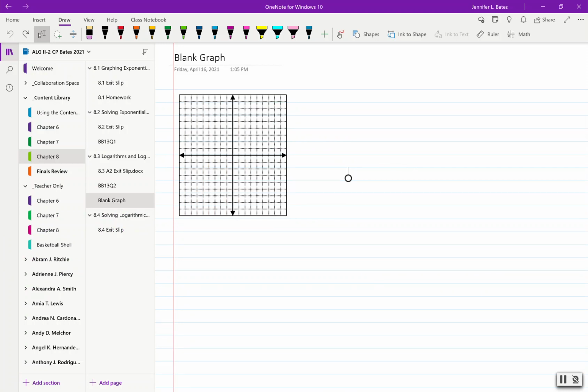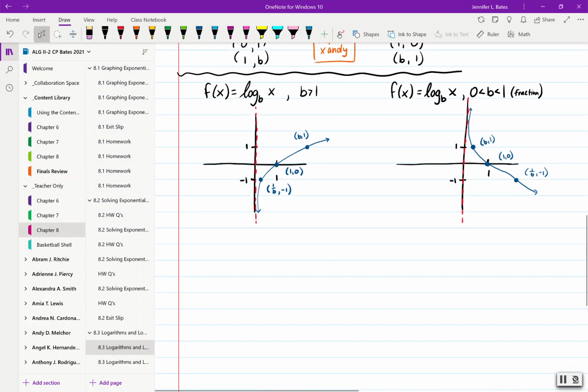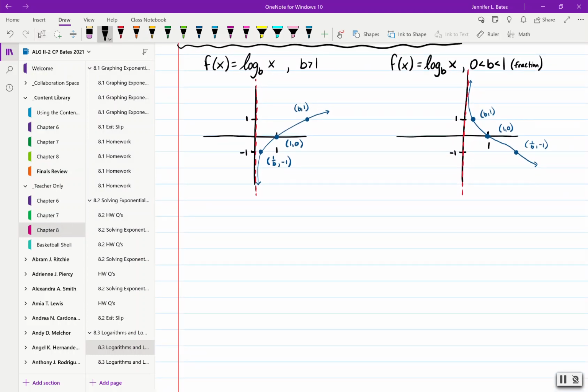Okay, so you're going to copy the graph. Then you're going to come back over into our notes, and you're going to paste the graph. We're going to paste it 4 times.